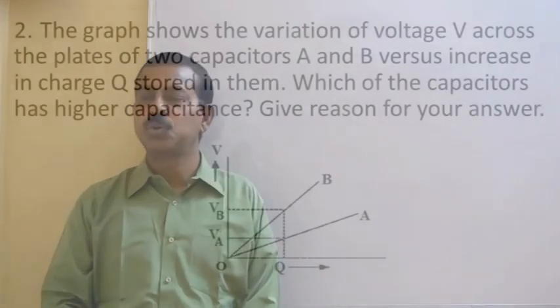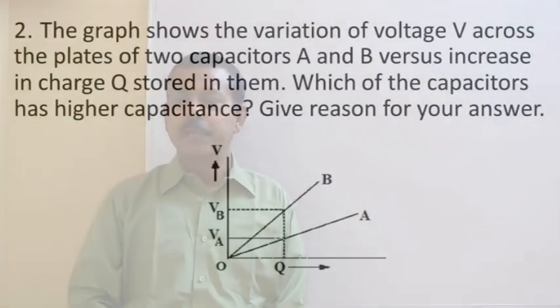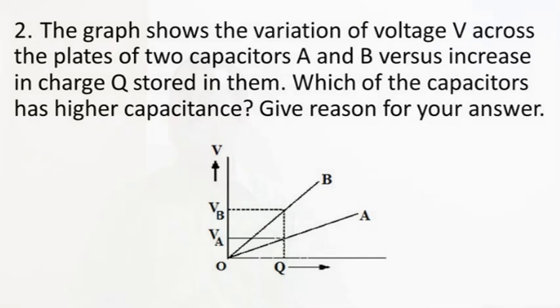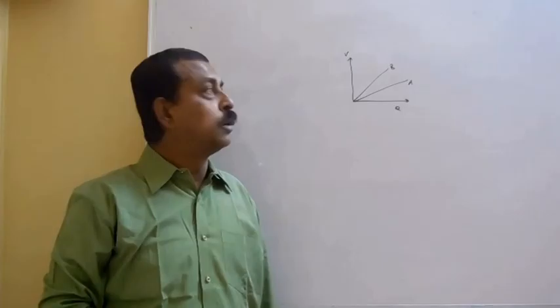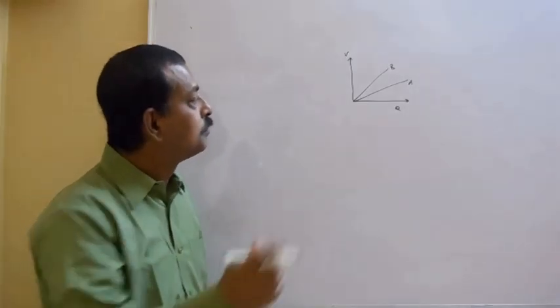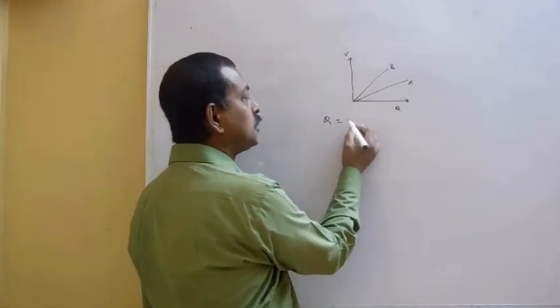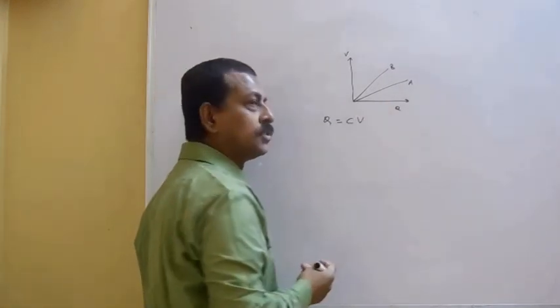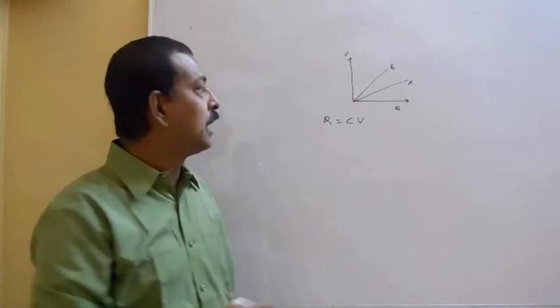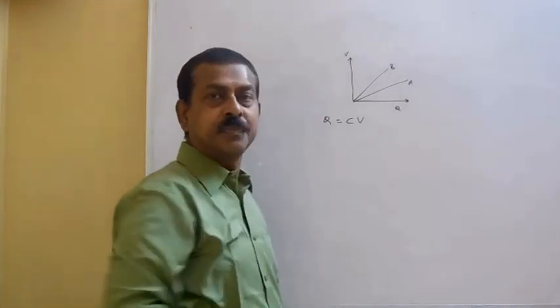Next question. The graph shows the variation of potential V across the plates of two capacitors A and B versus increase in charge Q stored in them. Which of the capacitors has high capacitance, and give reason for your answer. Now you know that the relation between charge, capacitance and potential difference is given as Q equals to CV.